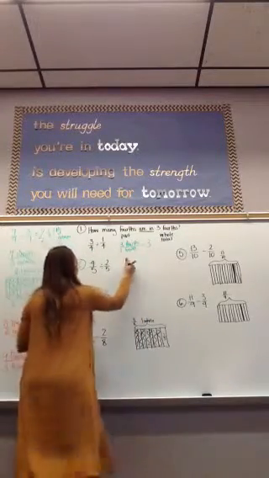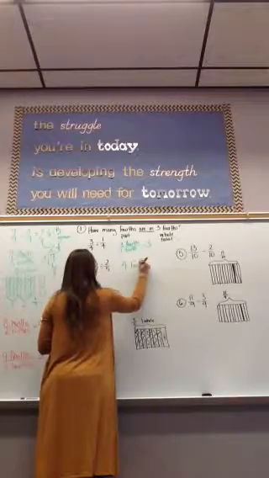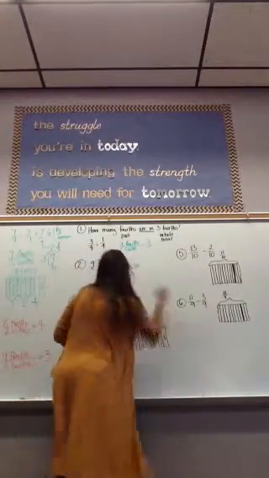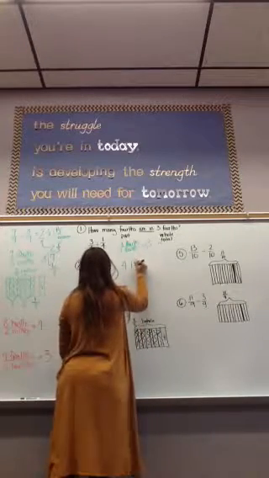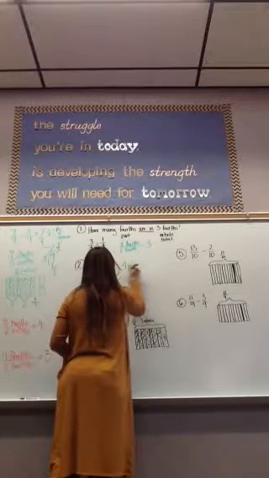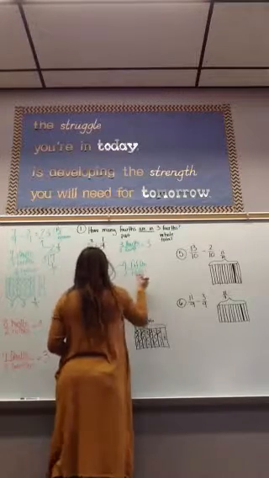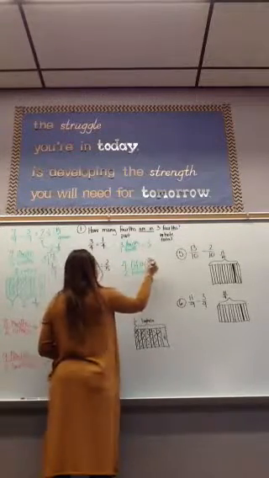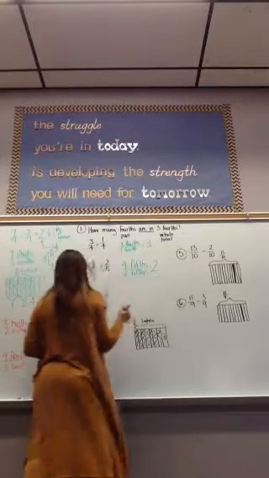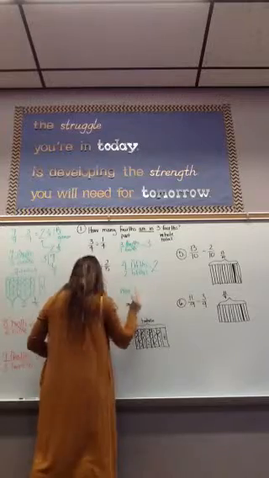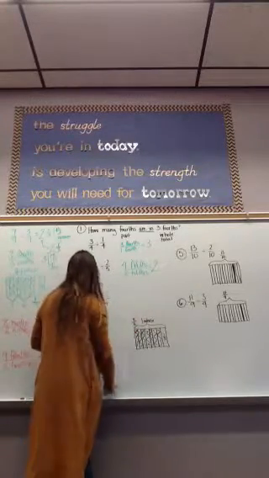Number 2, 4/5 divided by 2/5. Our 5ths cancel out. 4 divided by 2 is 2. Number 3, 9/4.